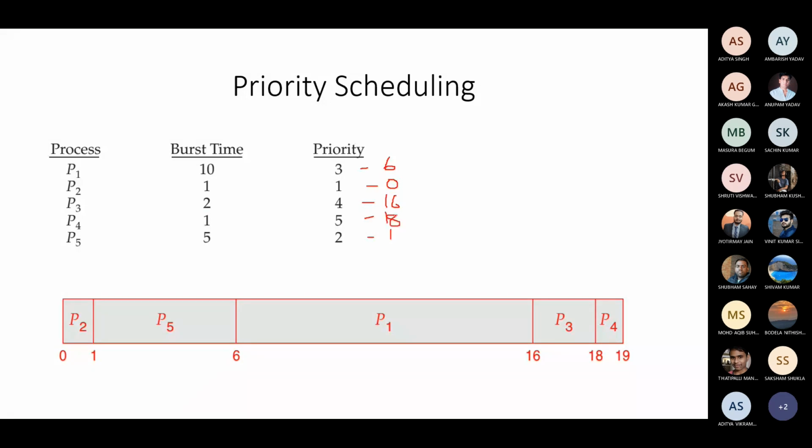Sorry, I'm writing with the mouse. That's why it is not coming clearly. What is the total? 1 plus 6, 7, 7 plus 16, 23 plus 18, 41. Correct? So 41 divided by 5. What is the answer?